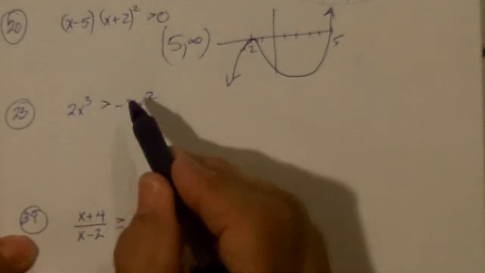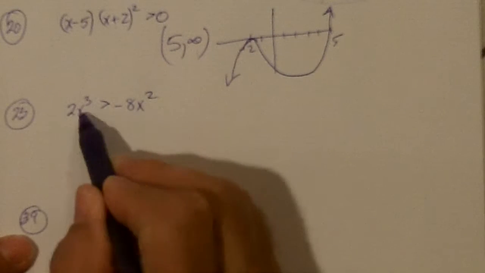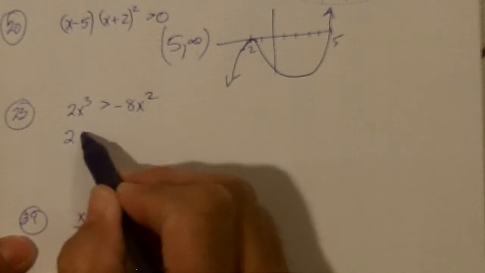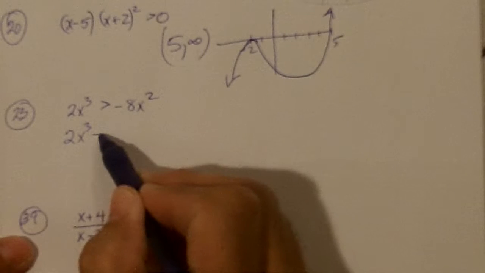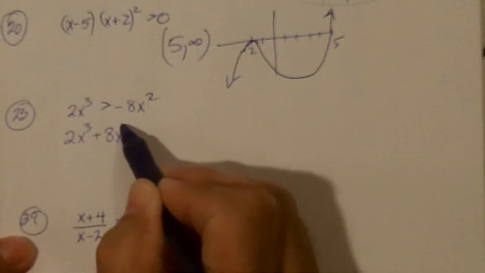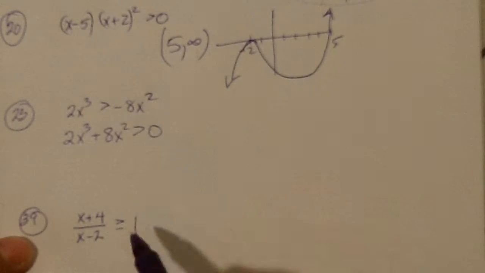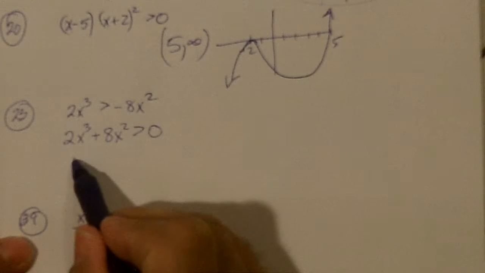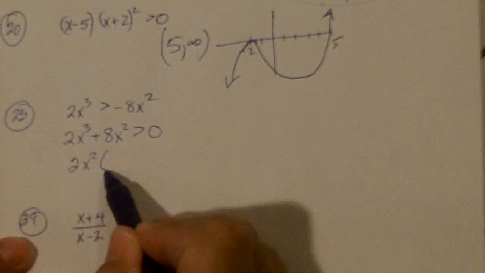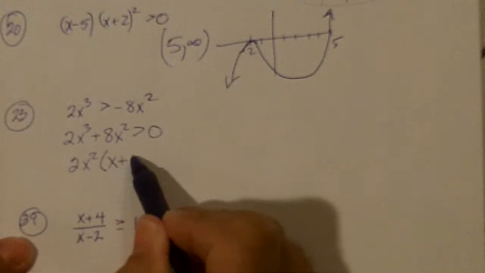Okay, 23. If we add 8x squared to both sides, we get 2x to the third plus 8x squared greater than 0. We can factor out a 2x squared, and we get an x plus 4.